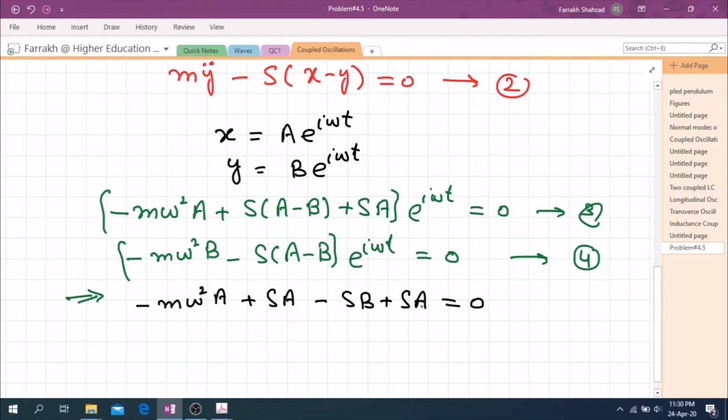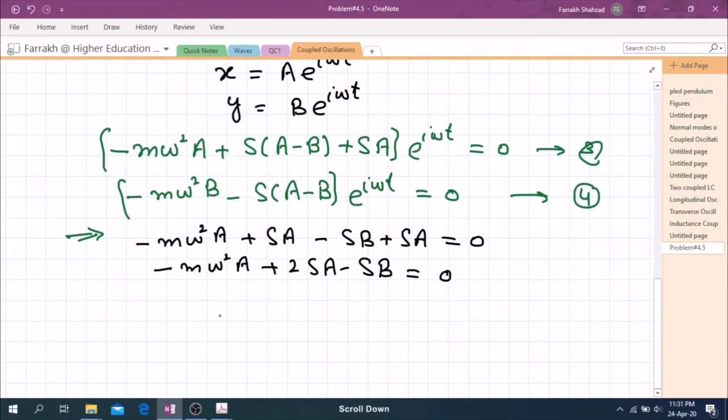Solving further, this equation would be minus m ω² A plus SA, and SA plus SA would be 2SA, minus SB equals 0.